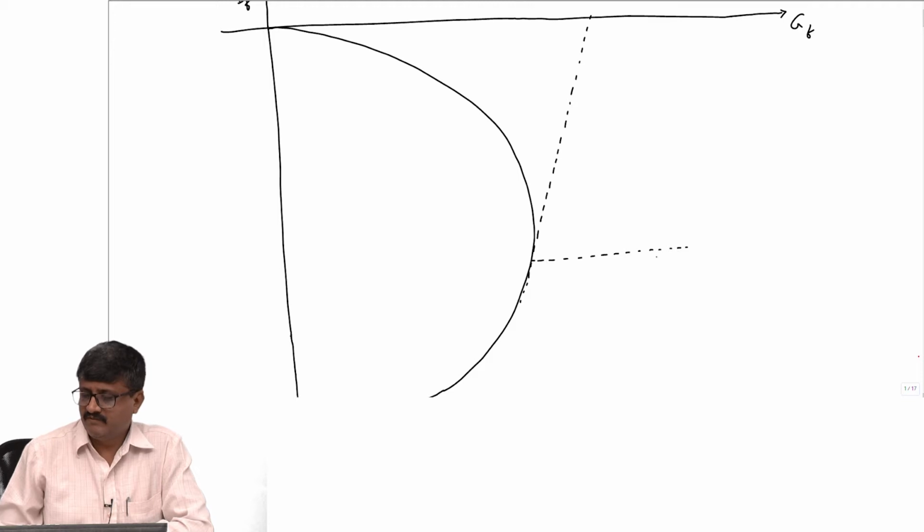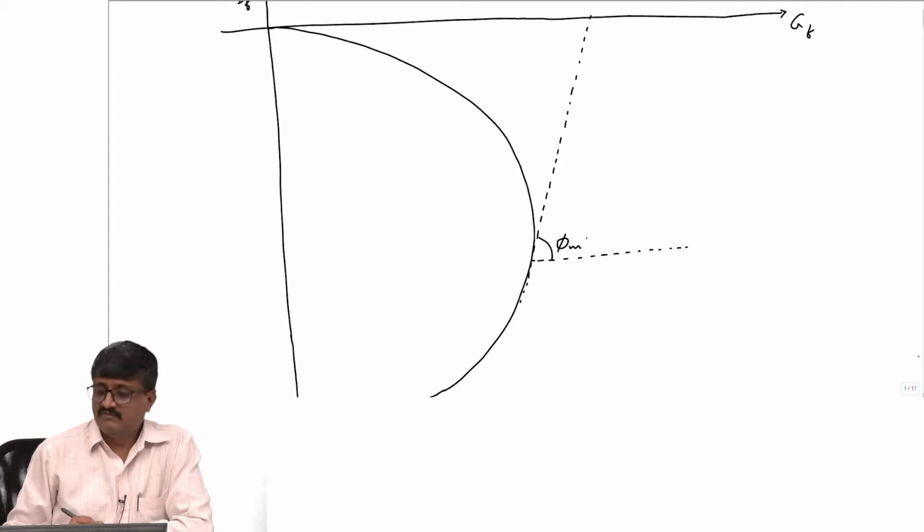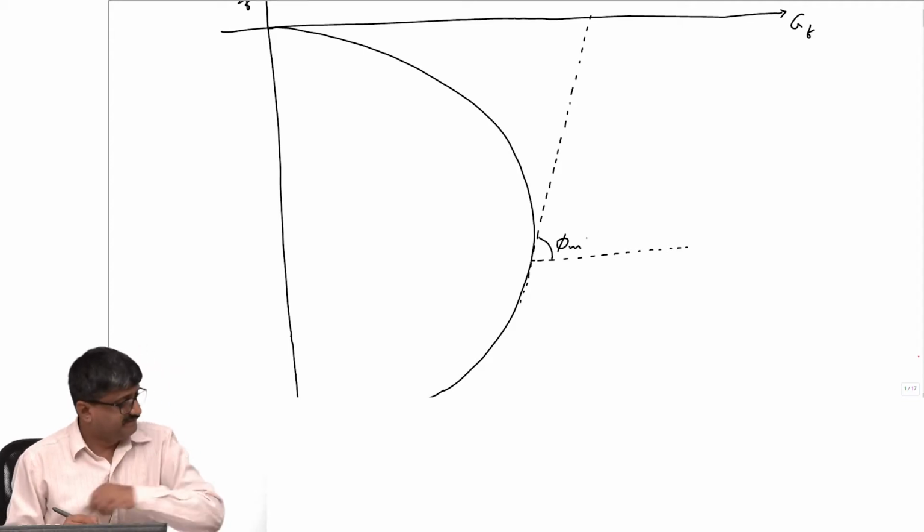This dotted line makes an angle with respect to the boundary, which is equal to phi m.